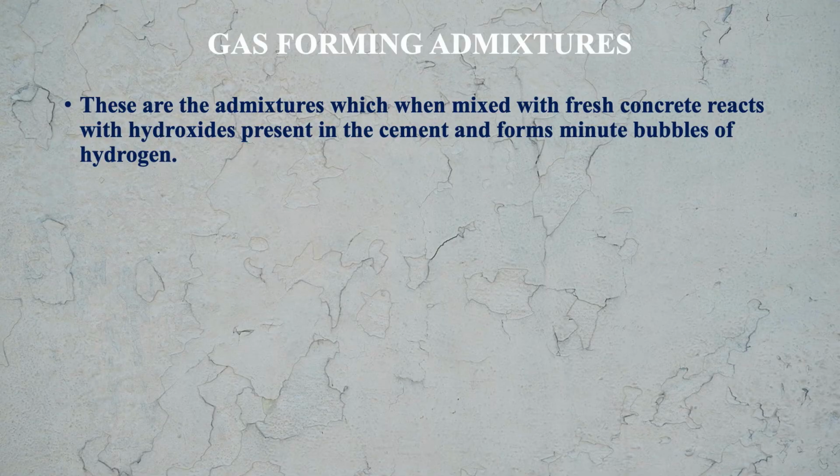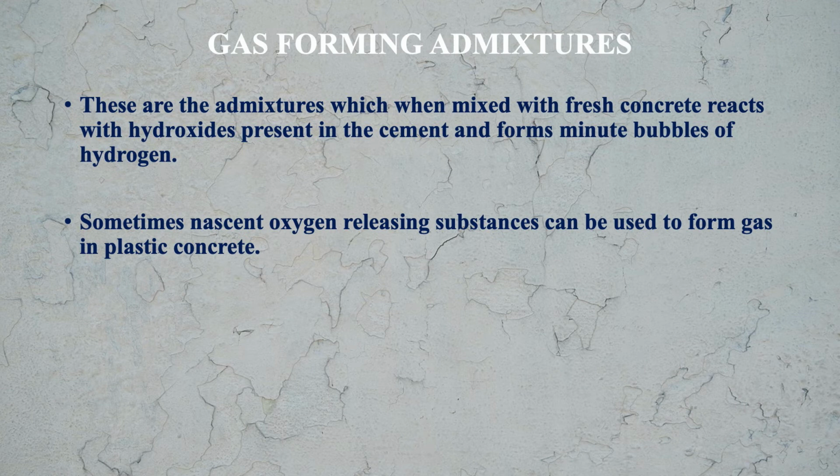What are these gas forming admixtures? These are the admixtures which, when mixed with fresh concrete, react with hydroxides present in the cement and form minute bubbles of hydrogen. Sometimes nascent oxygen releasing substances can be used to form gas in plastic concrete.